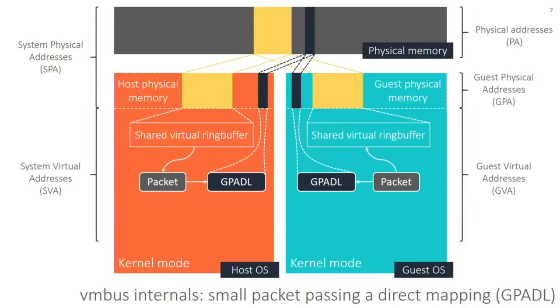So instead, we introduce a concept where you can attach a piece of shared physical memory to a packet. In the case of Hyper-V, we call that a GPADL. GPADL stands for Guest Physical Address Descriptor List. If you're familiar with Windows kernel concepts, that is basically an MDL, a memory descriptor list, except that it spans the boundary between different memory partitions.